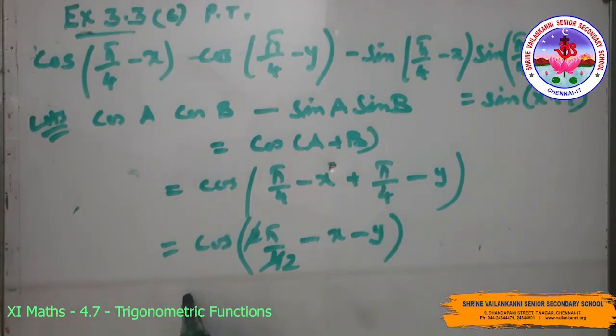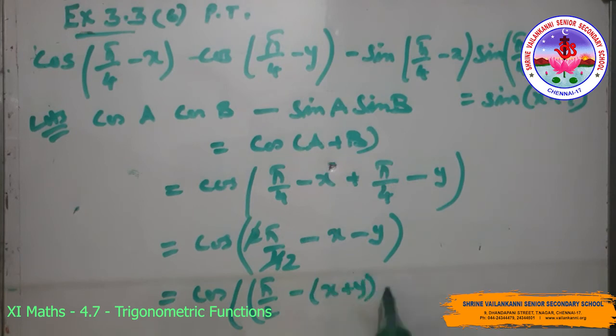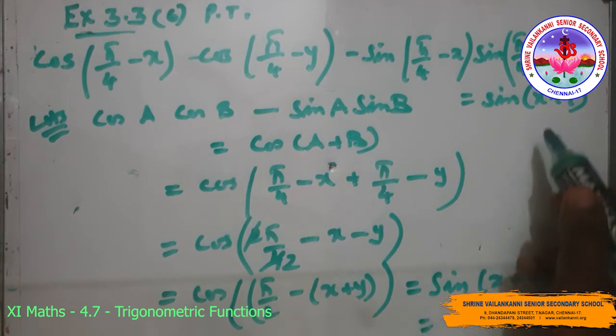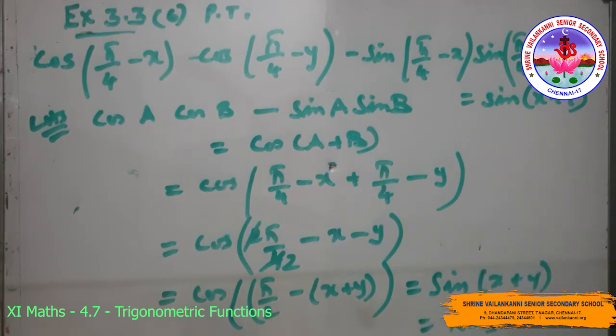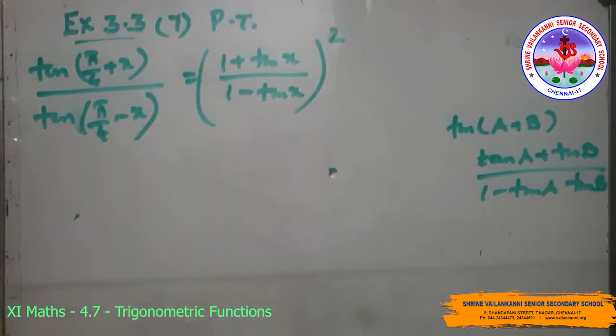So which is equal to cos of pi by 2, taking minus common, we write this as x plus y. So cos of pi by 2 minus x plus y, that is cos 90 minus theta, which is sin theta. Here theta is x plus y, so writing this as sin of x plus y, which is the right hand side. So LHS equal to RHS.